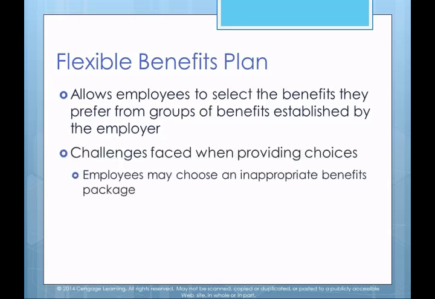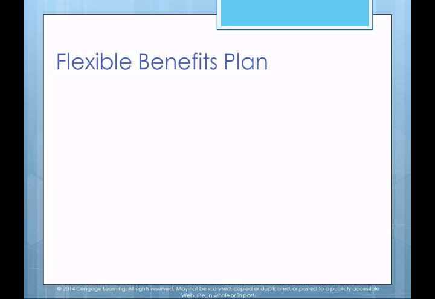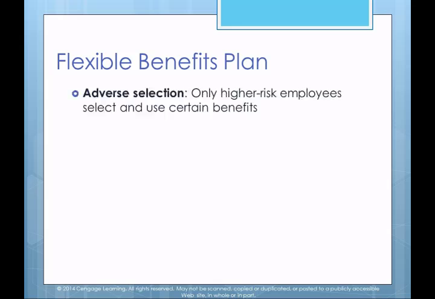Challenges faced when providing choices. Employees may choose an inappropriate benefit package that doesn't meet their lifestyle. Younger employees may decide not to participate in retirement plans, and that would impede their ability to retire. Also, flexible benefit plans have adverse selection, where only higher risk employees select and use certain benefits.